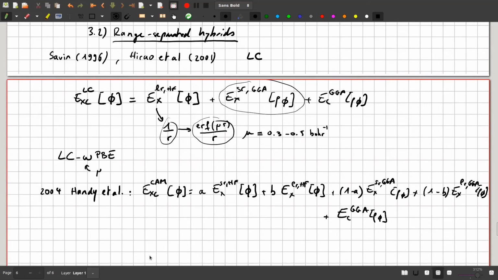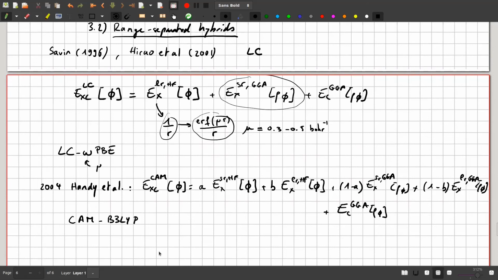And so the specific approximation proposed in this scheme is called CAM-B3LYP, based on the Becke and the LYP functional, which is a quite used functional, in particular for charge-transfer excitations. Another example of a functional in this family is the so-called omega-B97X, which is based on the B97 hybrid functional, but it doesn't use the full flexibility because it uses b equal 1, so it imposes the Hartree-Fock exchange entirely at long range.